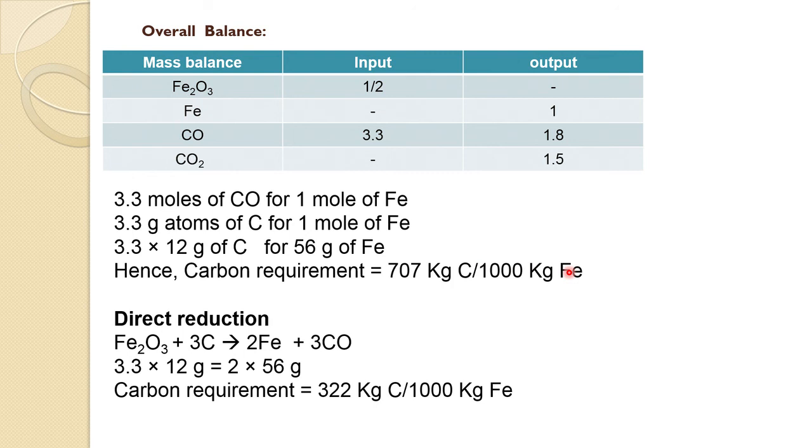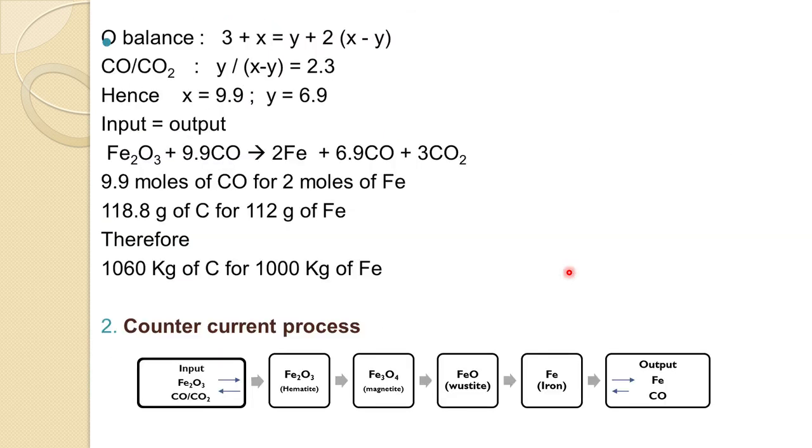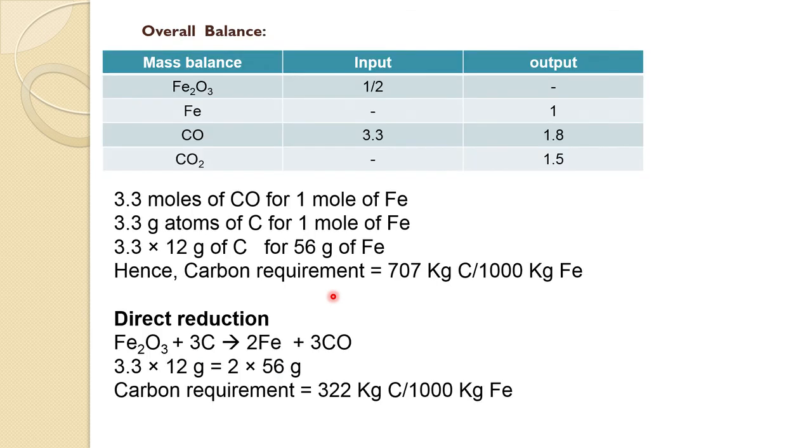That is almost more than a 30% reduction compared to indirect reduction under co-current conditions. That is why we use a counter current reactor such as the blast furnace.